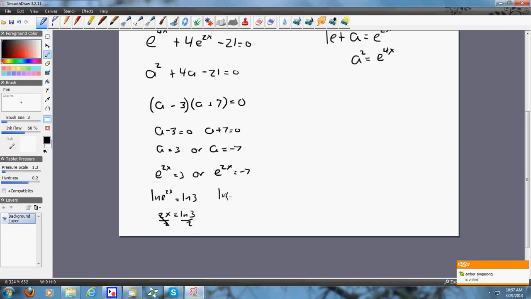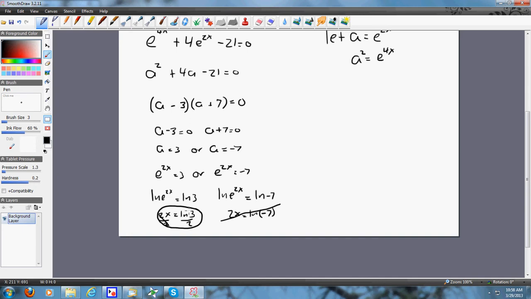If you do that to this side, you're going to end up with 2x equals the natural log of negative 7, and that's not possible. So this value does not exist. So you have one solution, and it's the natural log of 3 divided by 2.